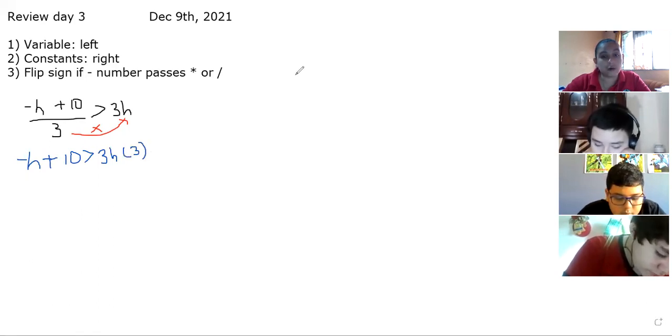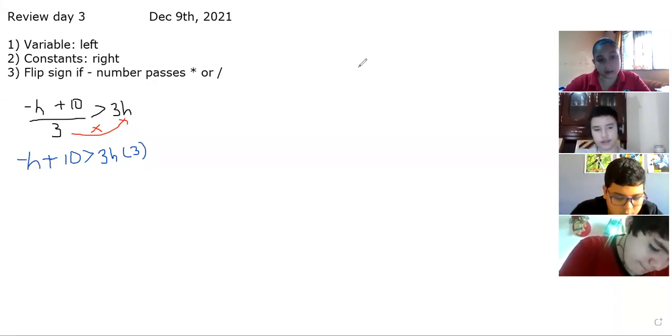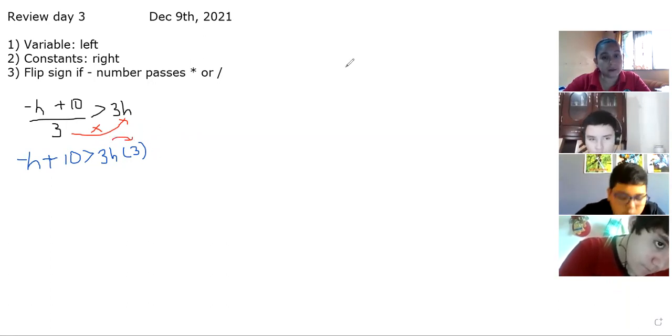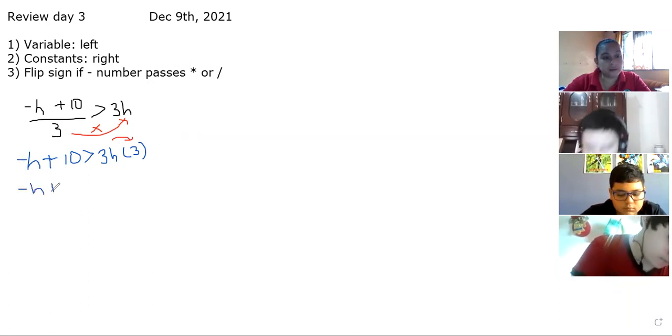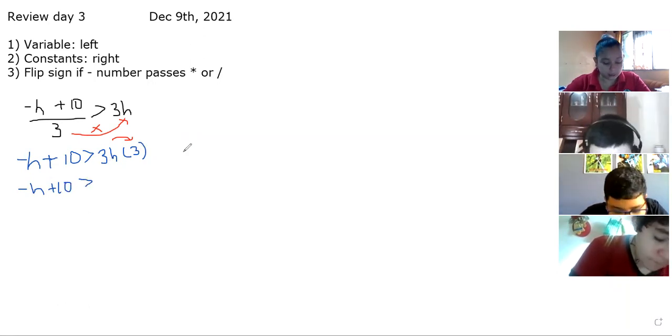And I have told you already that whenever you need to apply the distributive property. Exactly. Whenever we have a parenthesis, the very first thing is to use the distributive property. Therefore, I'm going to multiply that, and I'm going to have negative h plus 10 is greater than 3h times 3.